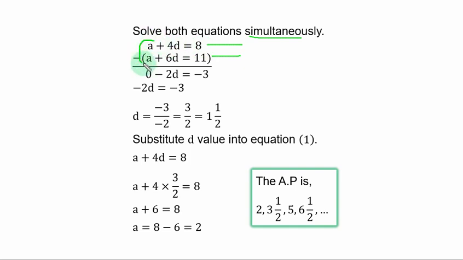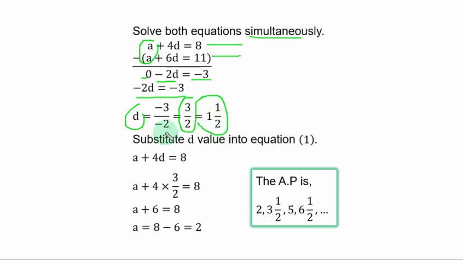To achieve that, I have to subtract both equations. So you have a minus a equal to 0, plus 4d minus plus 6d is minus 2d. 8 minus 11 is minus 3, and I have this result. To get d, divide both sides by minus 2, and you have d equal to this or this.